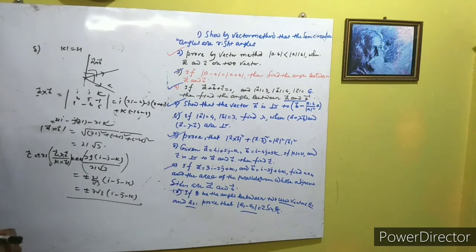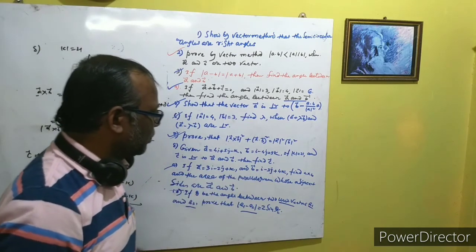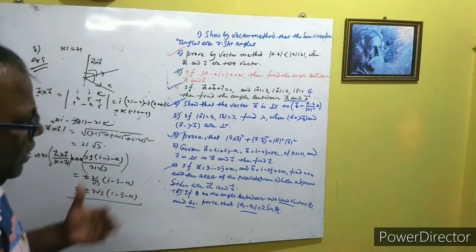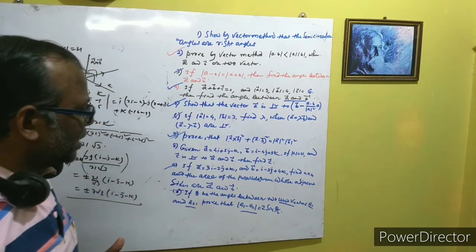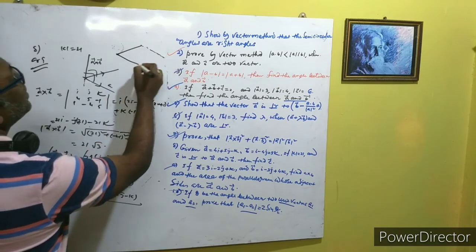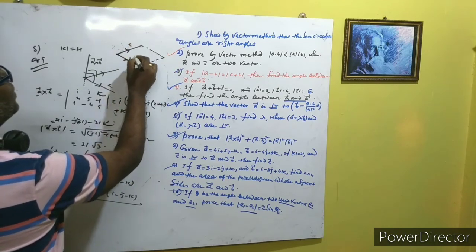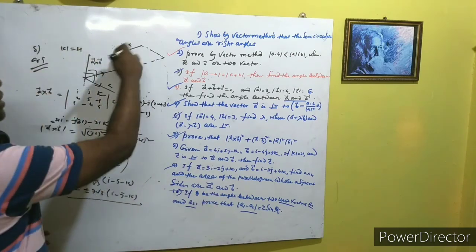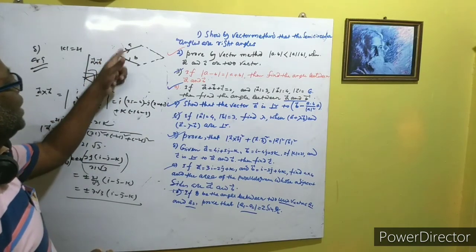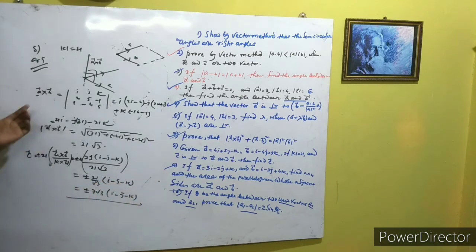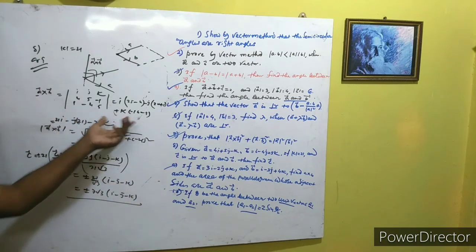Now for question number 9, the two adjacent side vectors A and B are given. Compare with 8 or 9, it is the same question. Find the area of the parallelogram whose two adjacent sides are A and B. See, this is the parallelogram with sides A and B. If we take the modulus of A cross B, this is the area of the parallelogram where the two adjacent sides are A and B. So we can easily find A cross B like that and take the modulus.